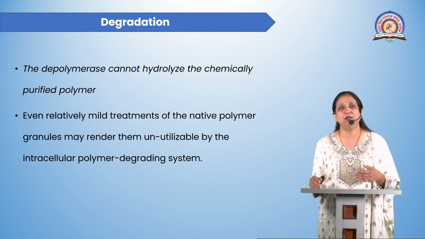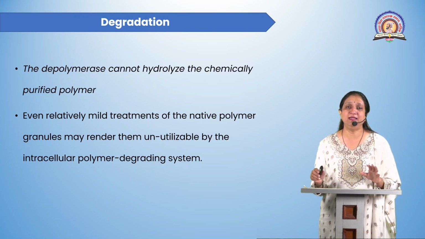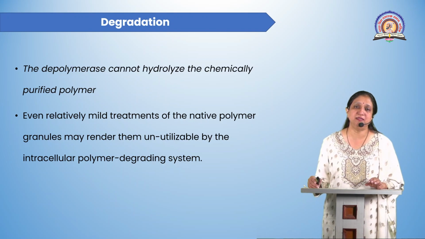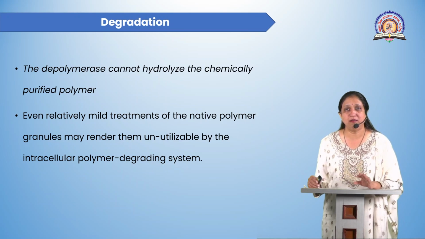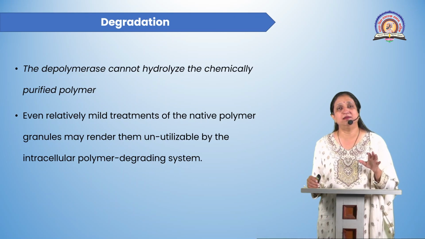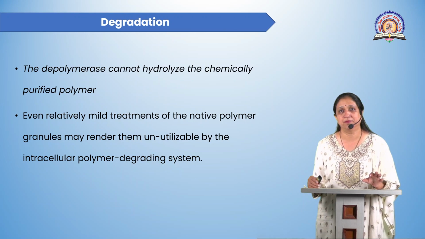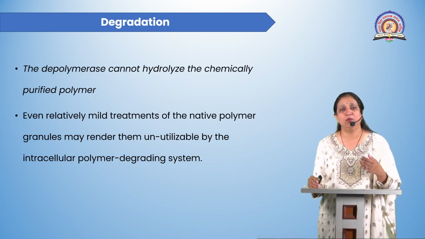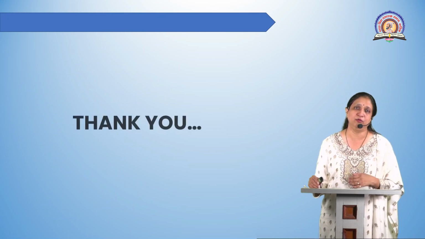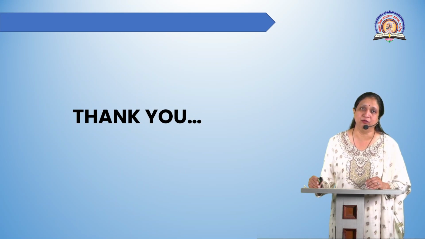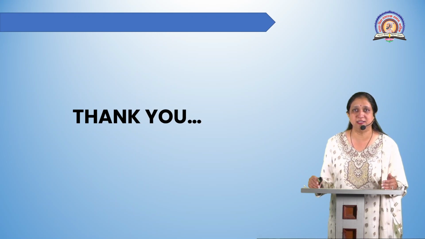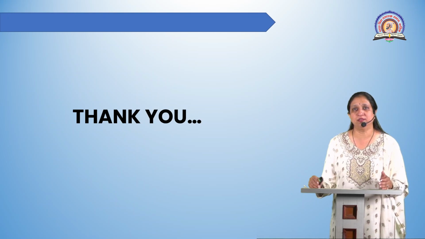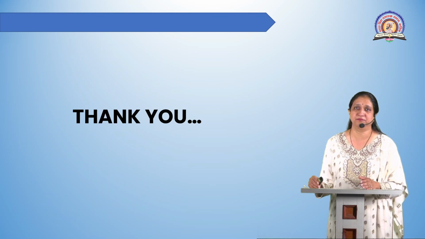Reutilization of the granule within the cell is highly regulated by the depolymerase enzyme, which will act on the native granule, which is not treated, not altered, but as and when it is synthesized, it remains as it is within the cell. And once the synthesis is done, whenever there is a requirement, the depolymerase enzyme can act on the granule and cause the degradation of the granule. And when the granule is degraded, free beta hydroxybutyric acid is produced, which can be used in the synthesis of fatty acids. Thank you.